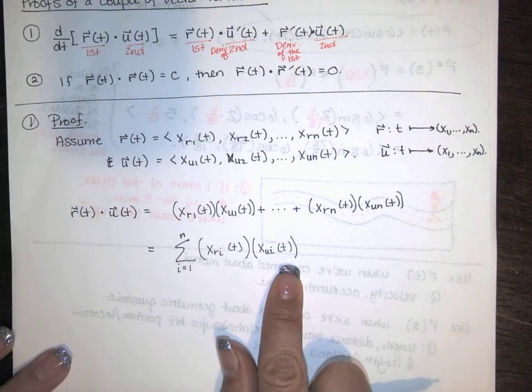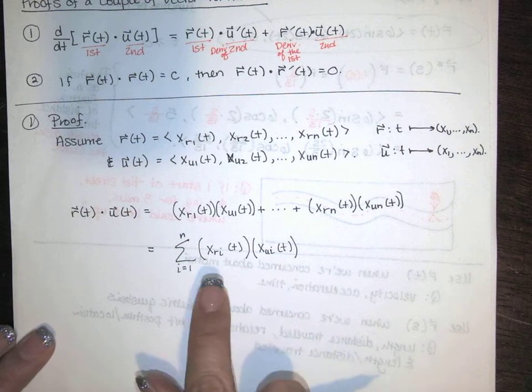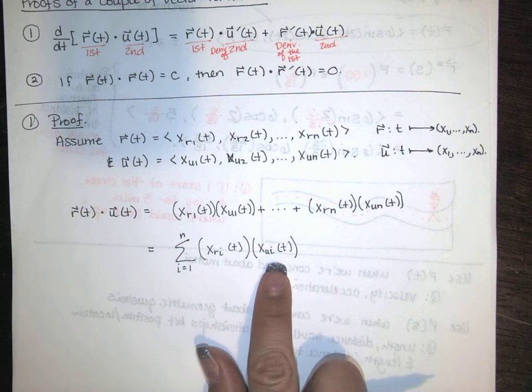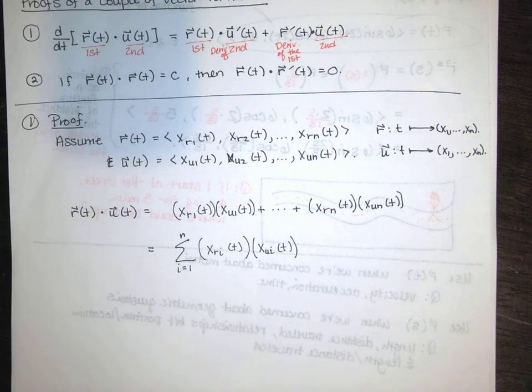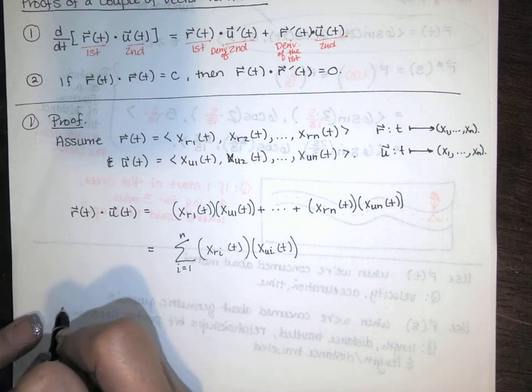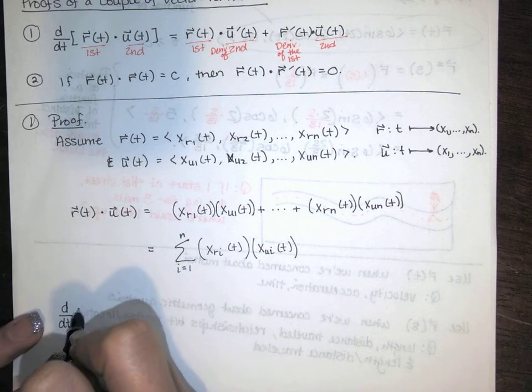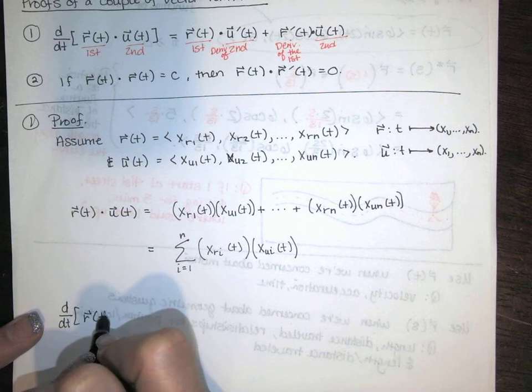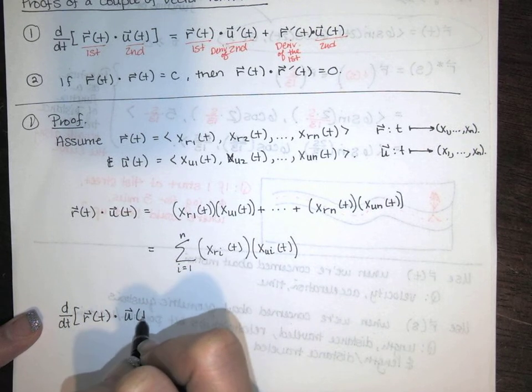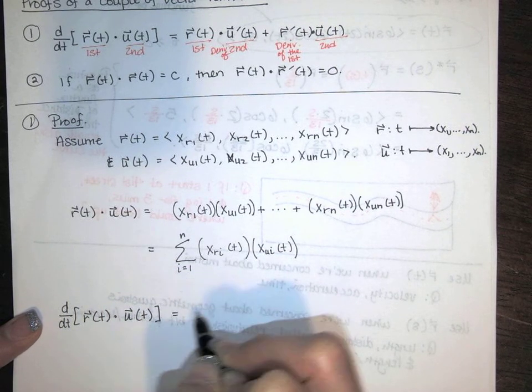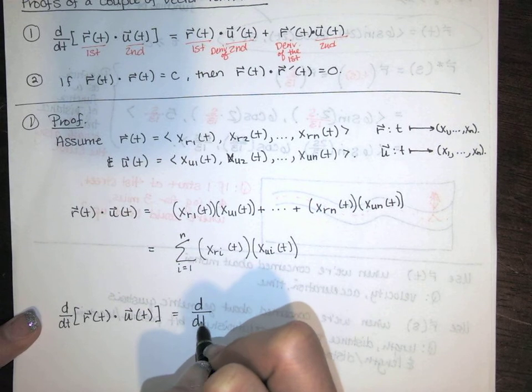When we take their dot product, we get this. This is a scalar function of t that came from multiplying all those components and then adding them together. Now we want to take the derivative of this. Well, the derivative of this is just the derivative of this.